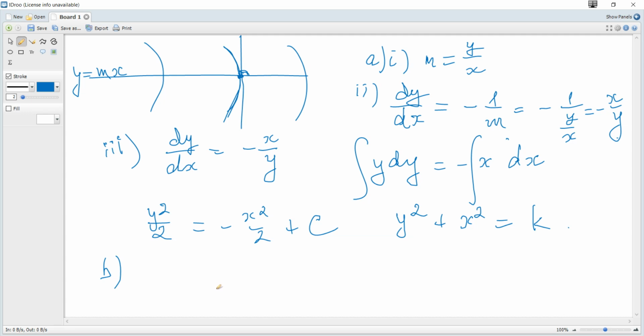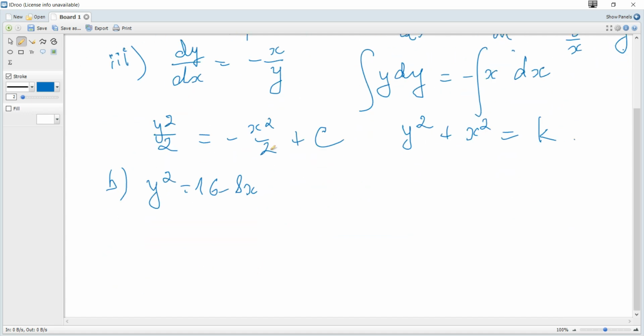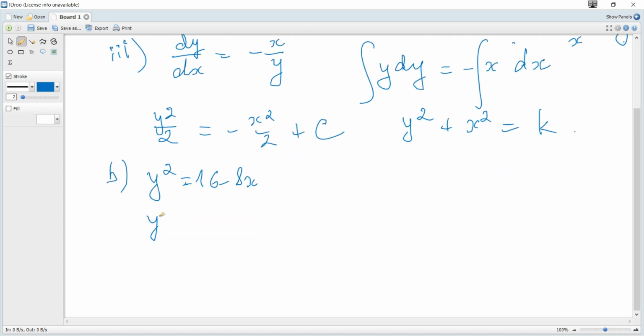On the same set of axes, sketch the curves y squared is 16 minus 8x, and y squared is 4 plus 4x. Clearly label each curve and any x-intercepts. You are not required to find the coordinates of any points of intersection, 3 marks.